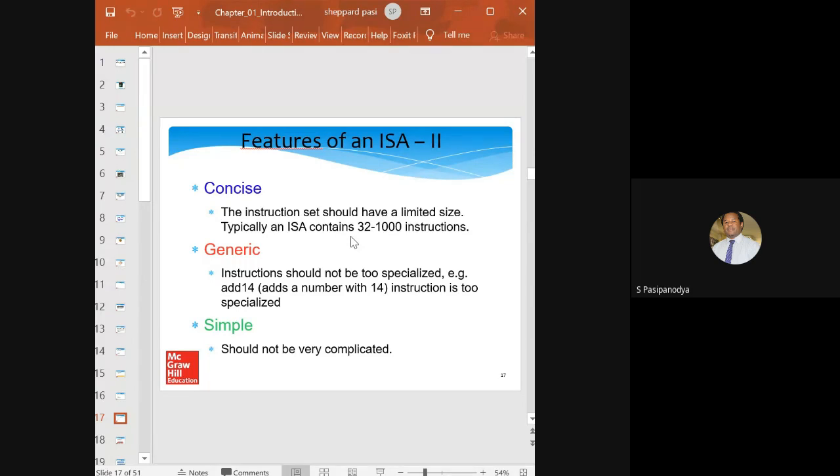Third characteristic is that any instruction set should be generic in nature. Avoid over-specialization. Generic instructions, for example, are those instructions that you write in your C programming.